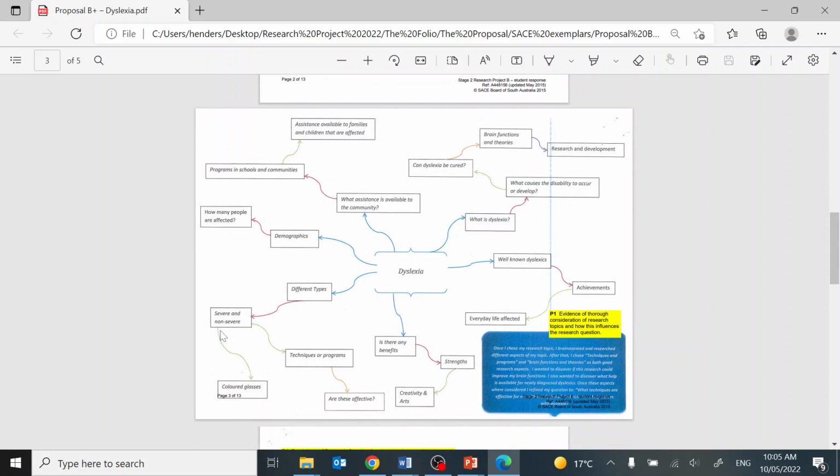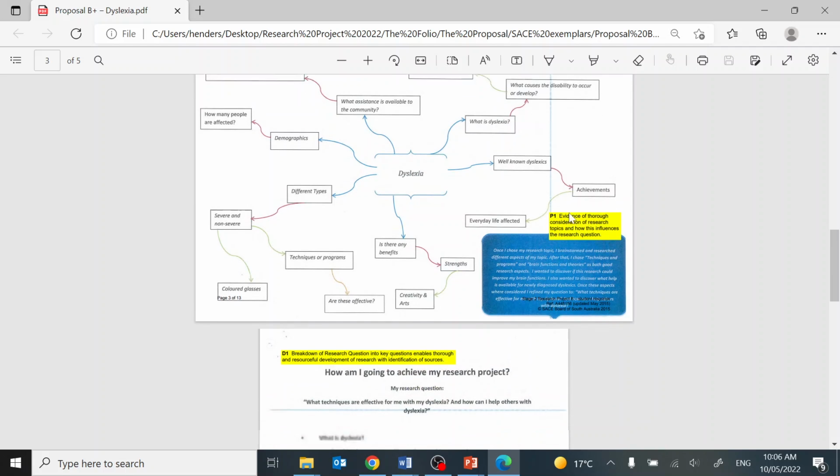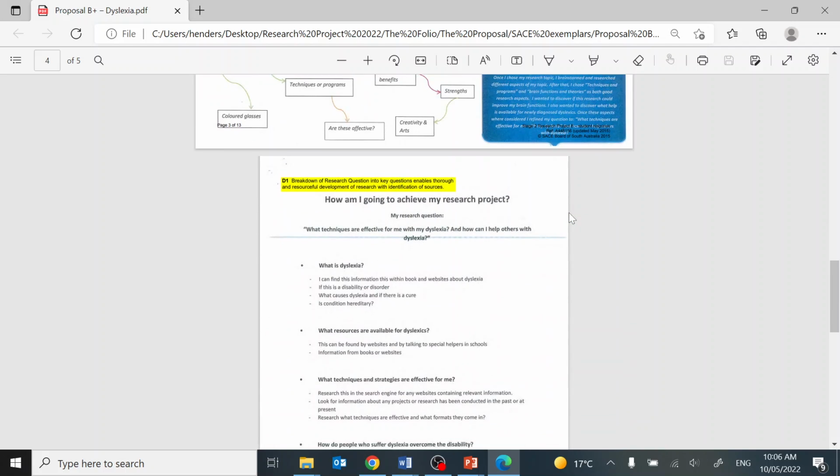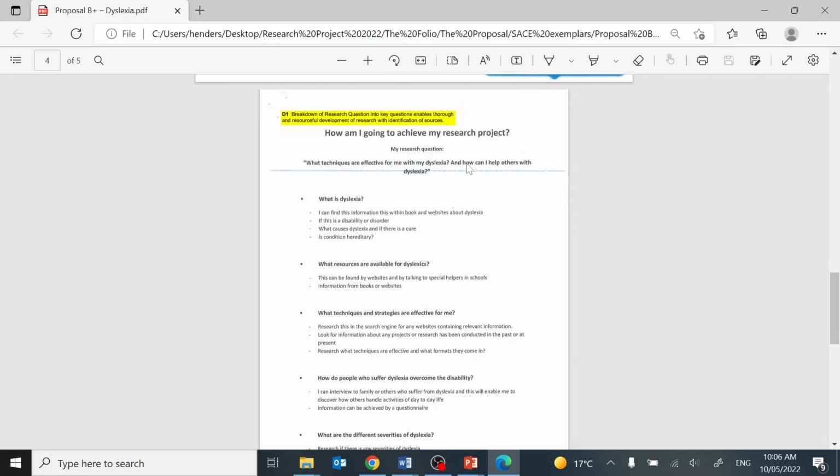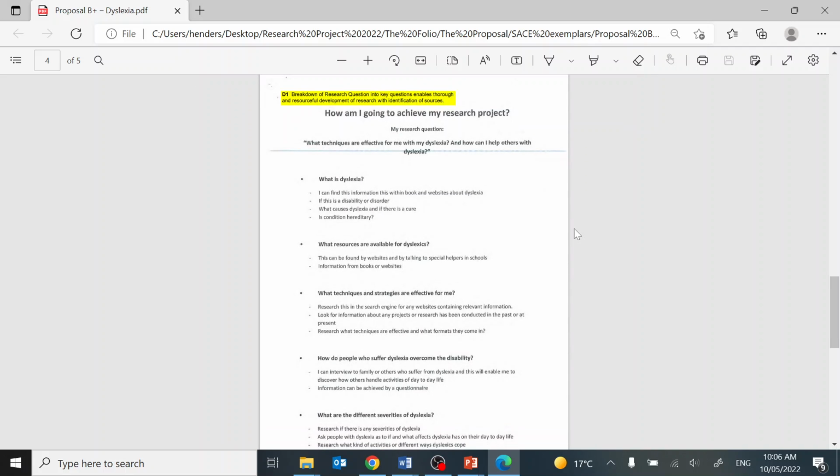Now, for most of it, for those in my class at least, they've used their mind map. We used a lotus diagram. Either is good. And then it talked about how am I going to achieve my project. Now this person, rather than doing what I said, like week one do this, week two do this, this is how they've chosen to present theirs. As I said, there is absolutely zero wrong with that.